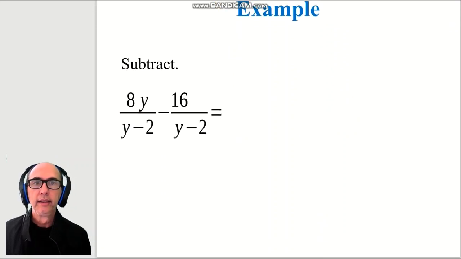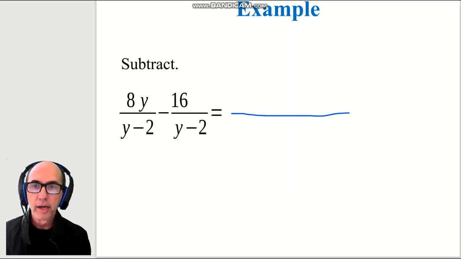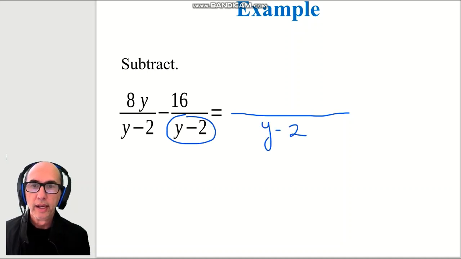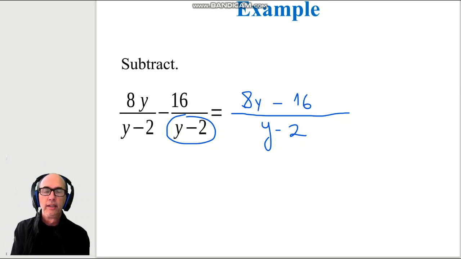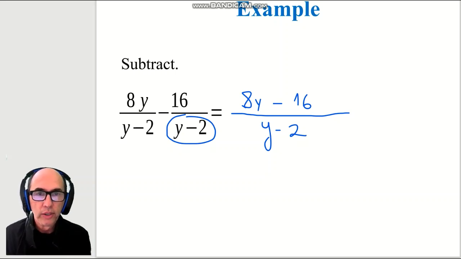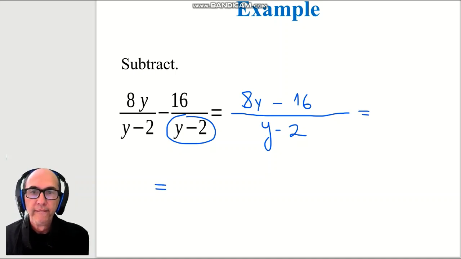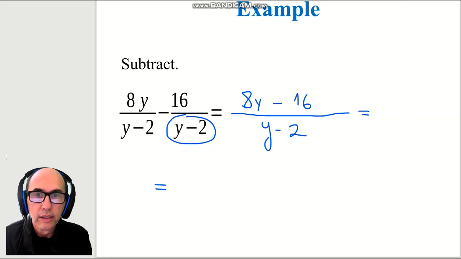Subtract. If we have the same denominator, look, the same thing. Fraction bar, repeat the denominator, y minus 2, and combine the numerators, 8y minus 16. Next step, always simplify if possible. We can, look, 8, 16.